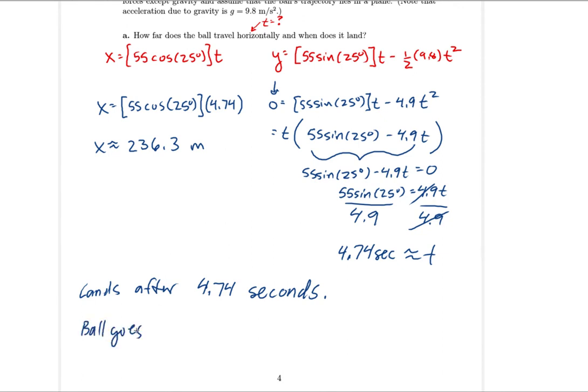Not such a great shot if you're a pro, but I'll take 236 meters any day for a tee off. So not too bad here, at least as far as an amateur is concerned.